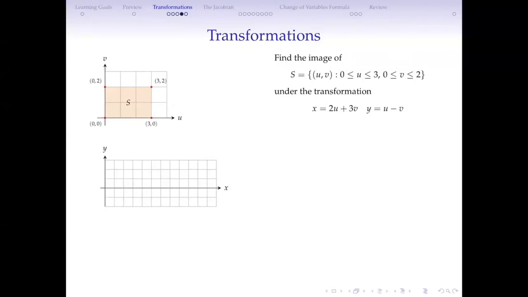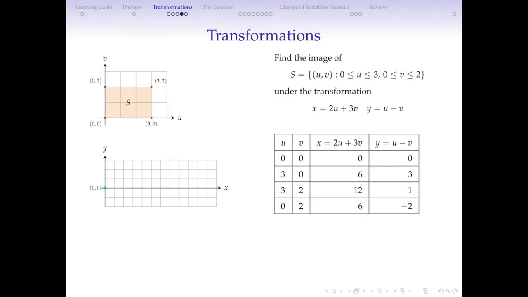We know that points in the UV plane are going to be mapped to some corresponding points in the xy plane. Let me remark that this transformation is an example of what's called a linear transformation. X is a linear combination of the variables u and v, so it's a coefficient times u plus another coefficient times v. Transformations of this type always map quadrilaterals into quadrilaterals.